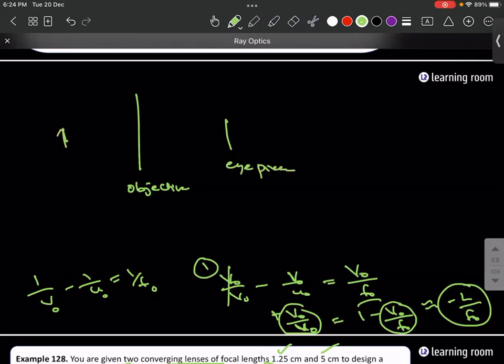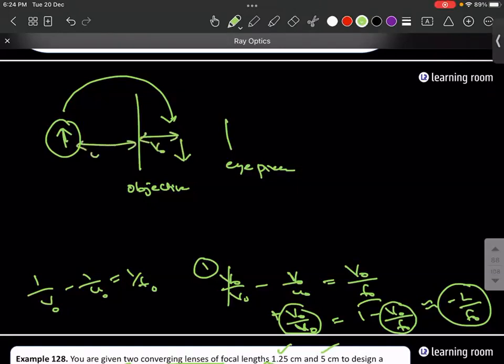So here you have an object. What is the objective of a compound microscope? To magnify this object multifold and show it to you. So for this, the first image will be formed here. It will be a real and inverted image, at a distance V0, and this distance is U0.